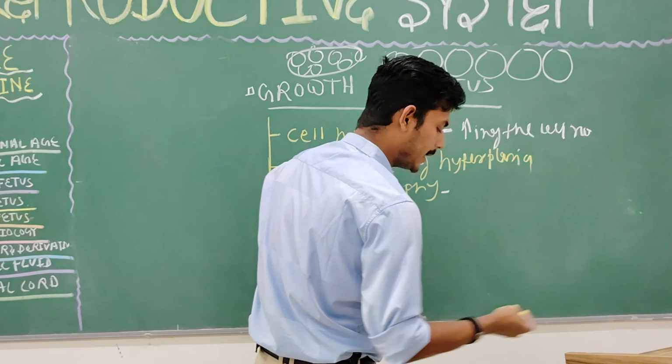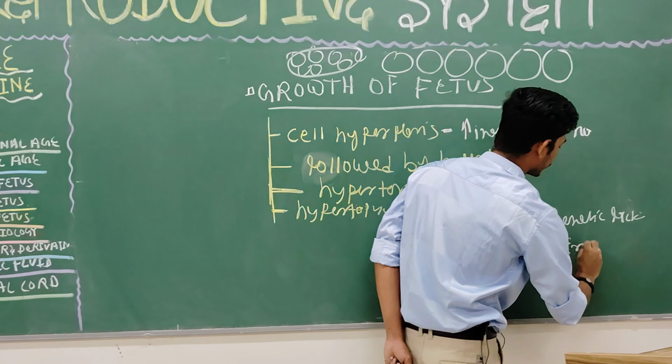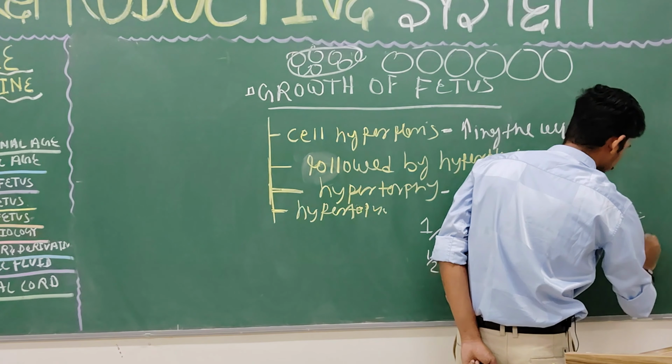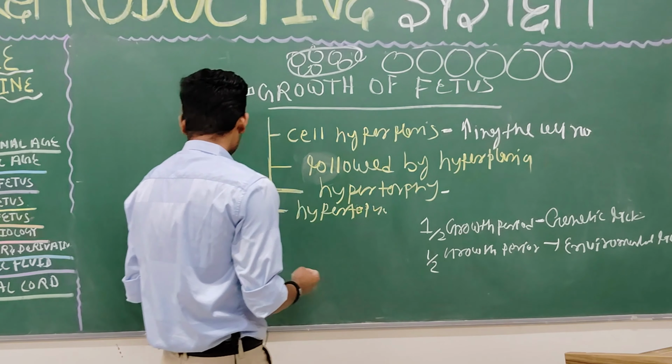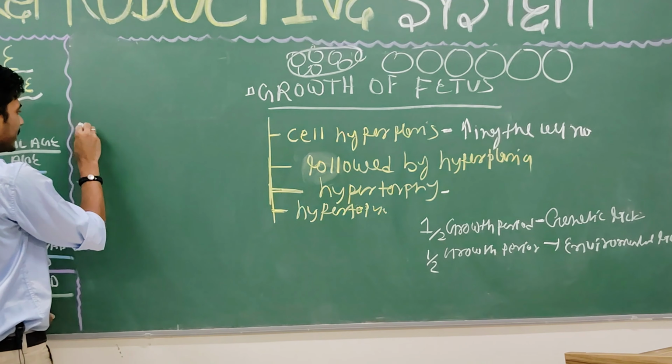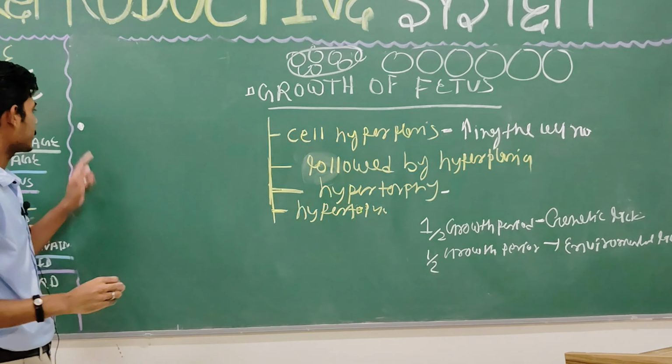Now the other half of the growth period is determined by the environmental factor. First thing you have to understand, there is some criteria which is defined. The first thing is a taller or healthy mother gives a healthy child.